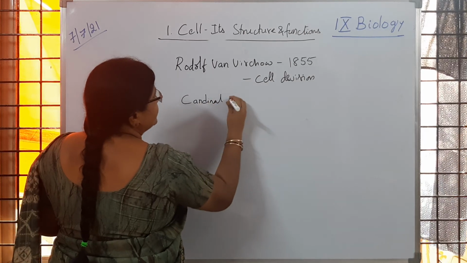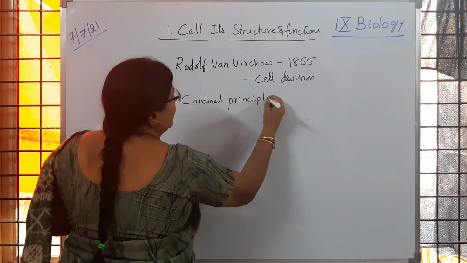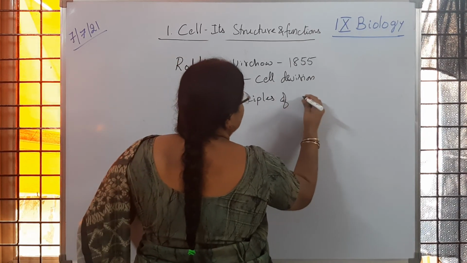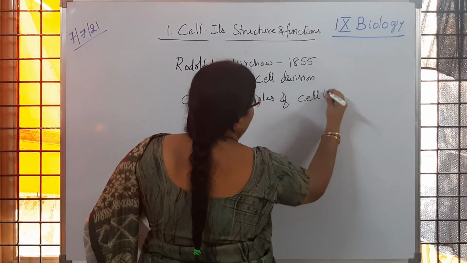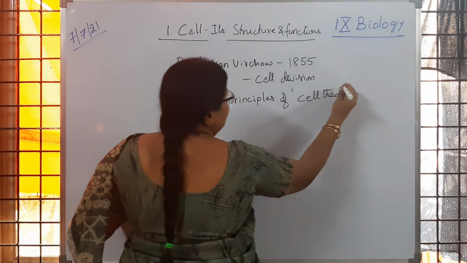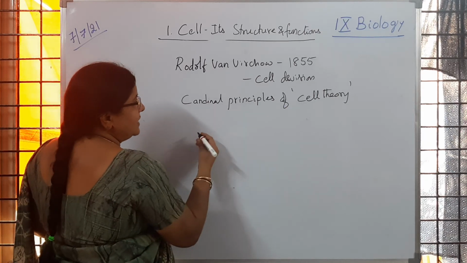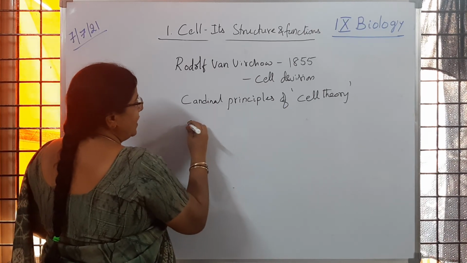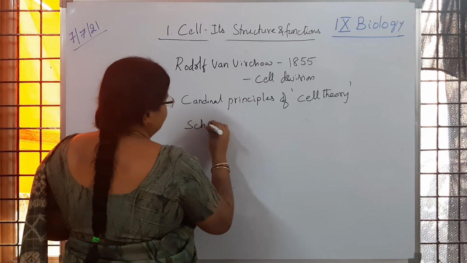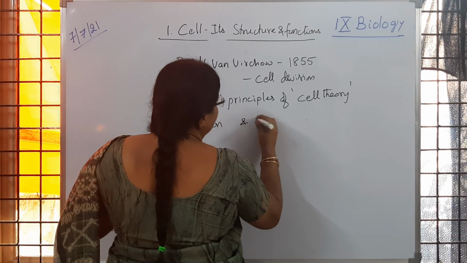Cardinal principles of cell theory. So who proposed cell theory? That is Schwann and Schleiden.